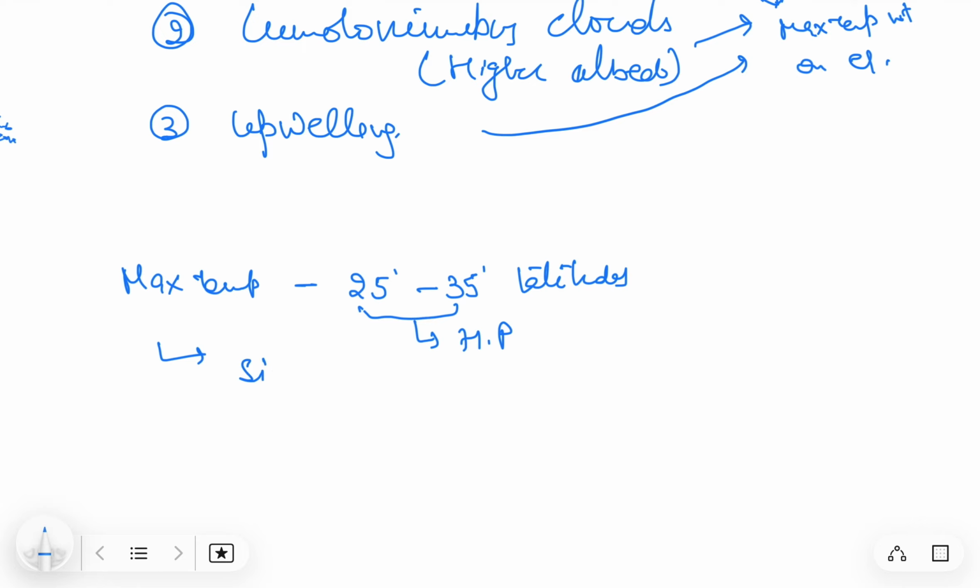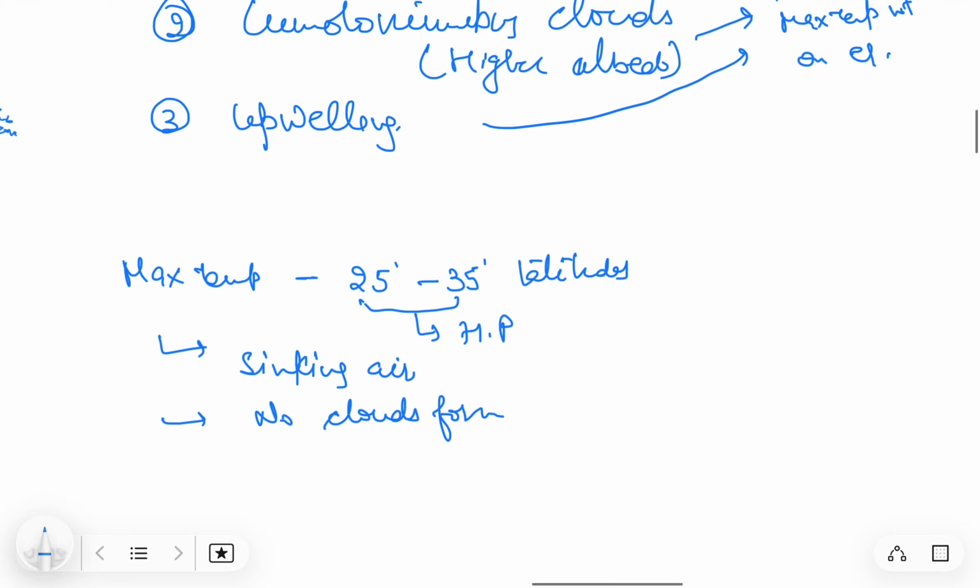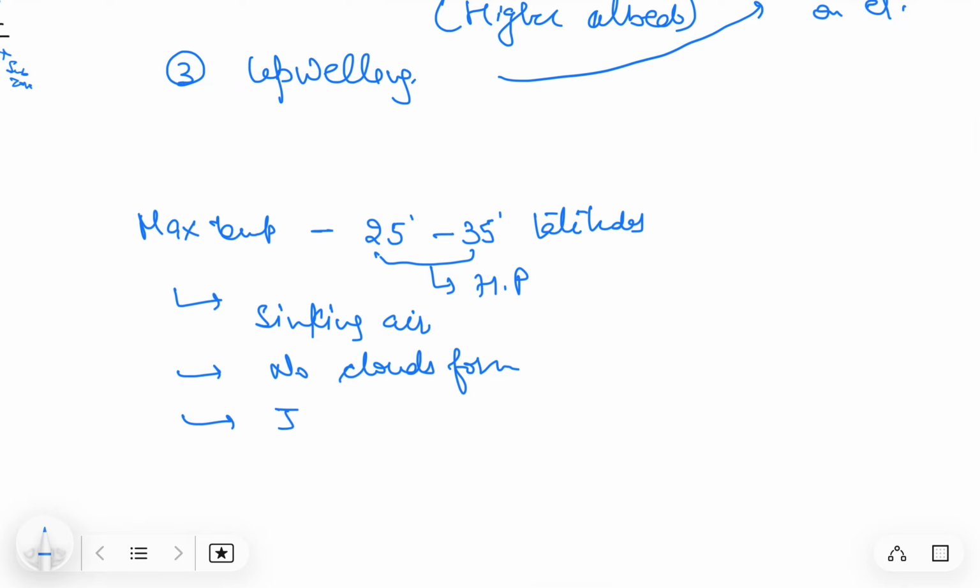In this case we have sinking air, and in this area no clouds will form because of the sinking air. So the insolation here will be more because there is no cloud to reflect it back, and the sinking air will trap more of the insolation, and there is no daily rainfall, so the maximum temperature is observed at the 25 degree to 35 degree latitudes.